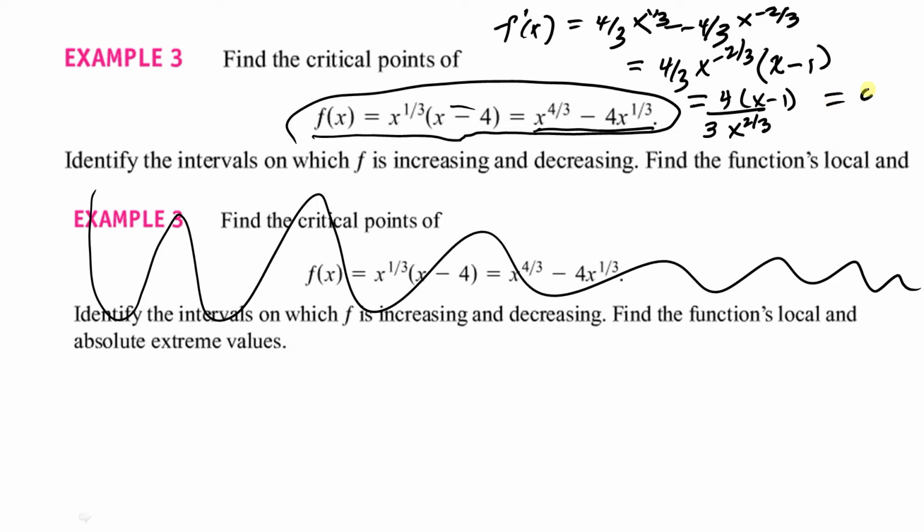And this is equal to 0 at x equal 1, and it's undefined at x equals 0. Notice if you plug in x equals 0, the derivative is undefined, so a critical point where the derivative is undefined is x equals 0, and the other critical point where the derivative is 0 is x equal 1.